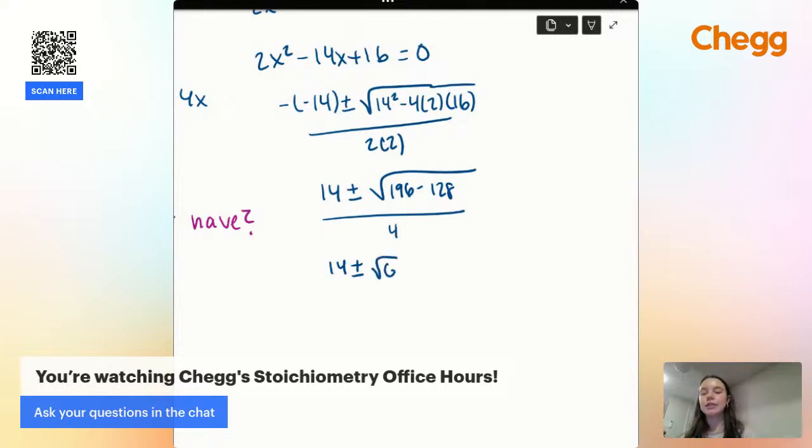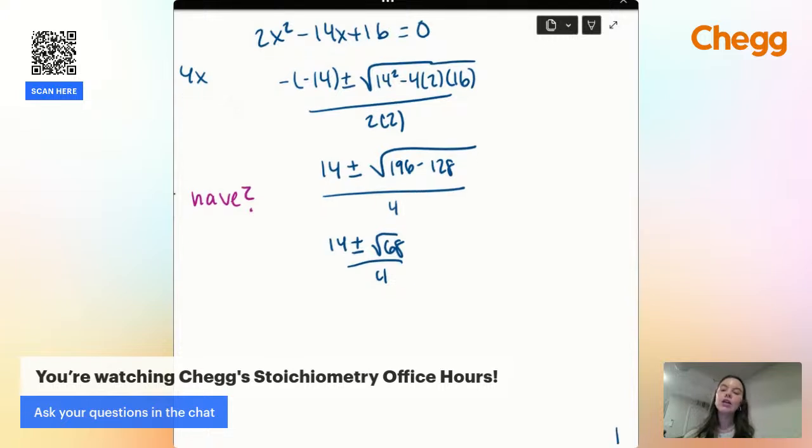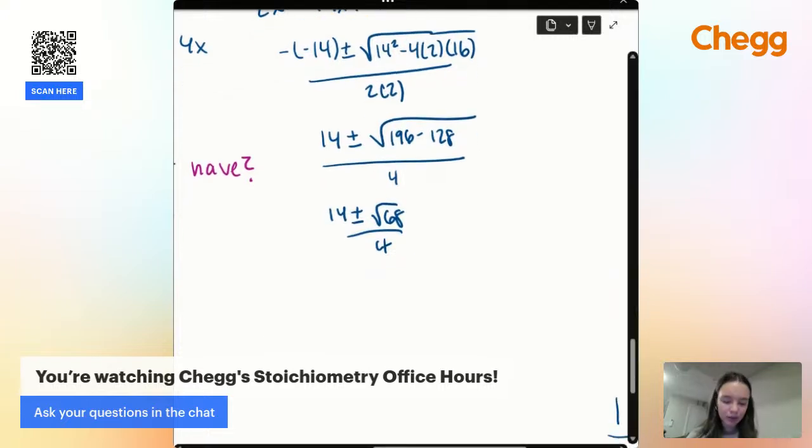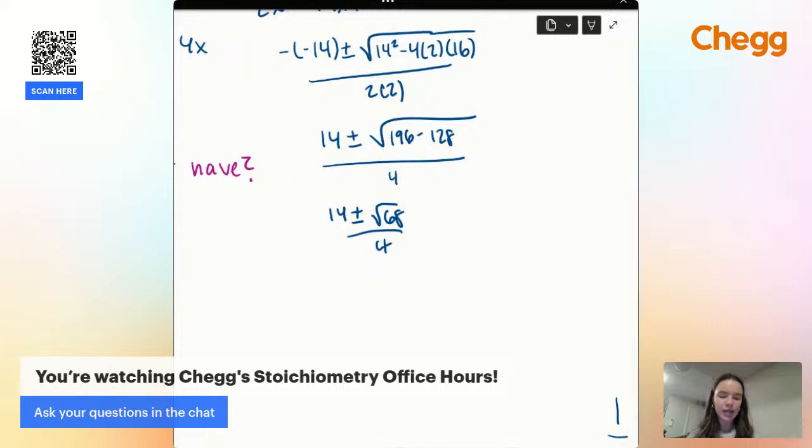So the square root of 68 over 4. We're almost done. The square root of 68 is 8.25. We'll round up. 14 plus or minus 8.25 over 4.